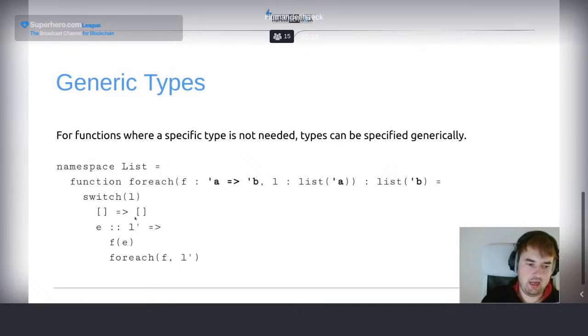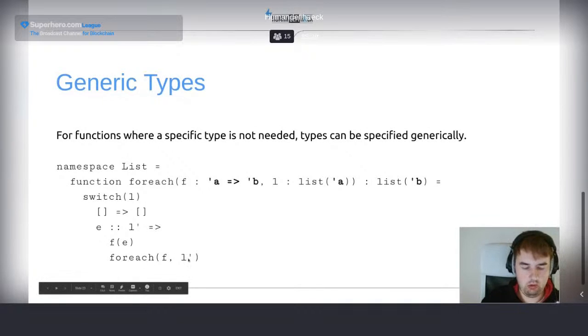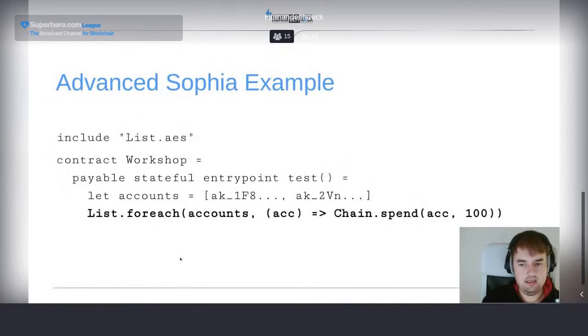Then we switch again, looking at the array. If it's an empty array, we return the empty array, so do nothing. If it is an array with at least one element, we look at the element and apply the function here. So we call f with argument e, our function with the current element, and then we recursively call our function with the remainder.